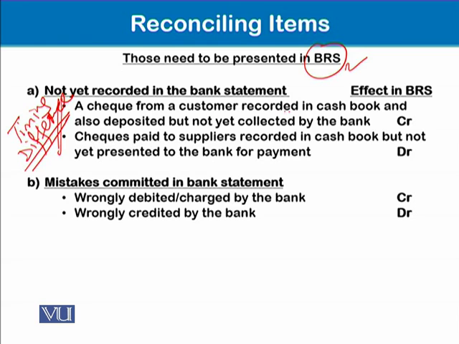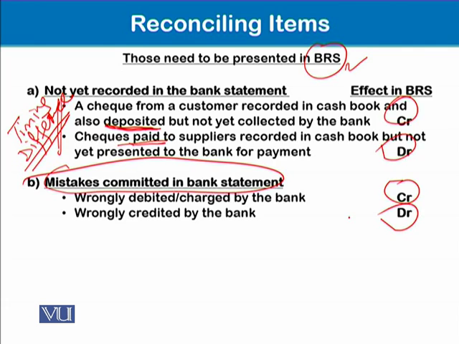You have deposited this check, but its amount is not appearing in the bank statement balance. And the second one is you have made payment to the supplier, you have paid a check, but its payment is not appearing in the bank statement. So these are the effects, and if there is some mistake, you will make it correct.